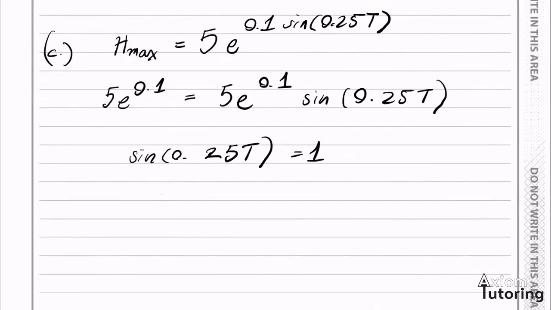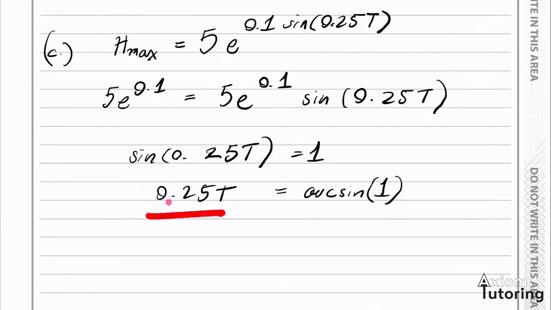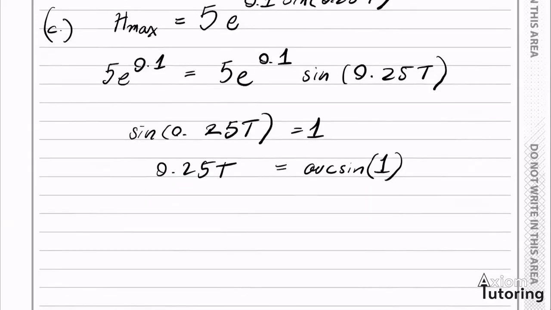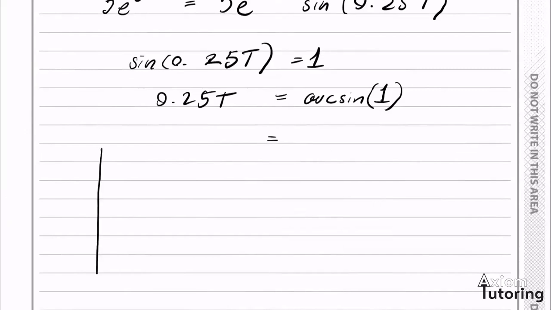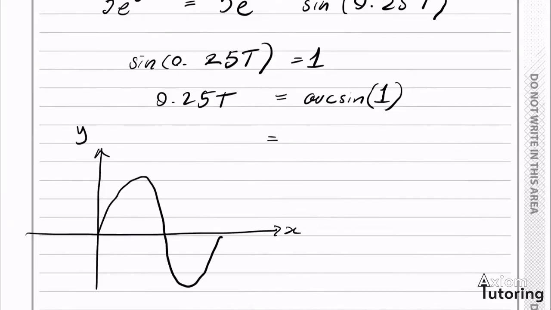So arc sine of 1 is equal to 0.25 t, or 0.25 t is equal to arc sine of 1. So the first value that we get, and we can do a quick sketch of our sine graph if you need help seeing this, but that's our first cycle for the sine graph.